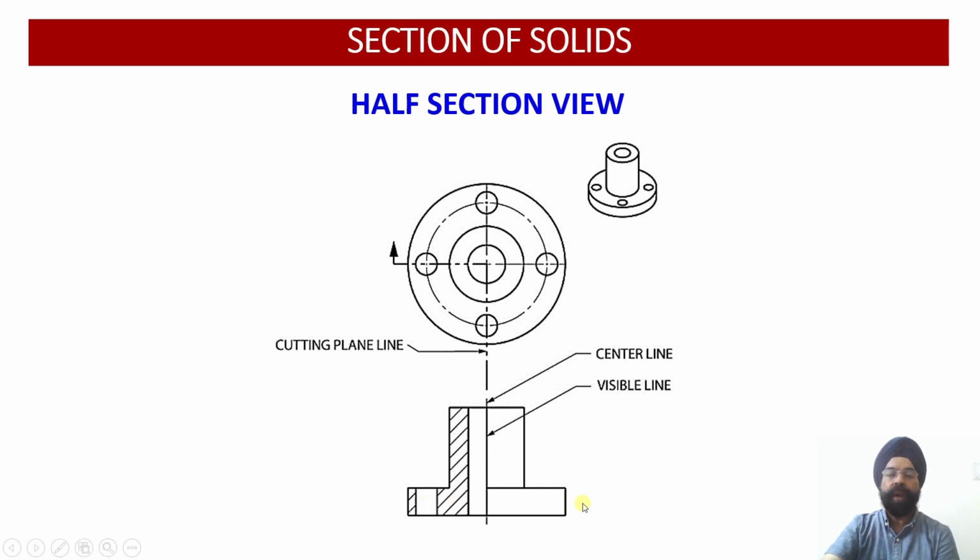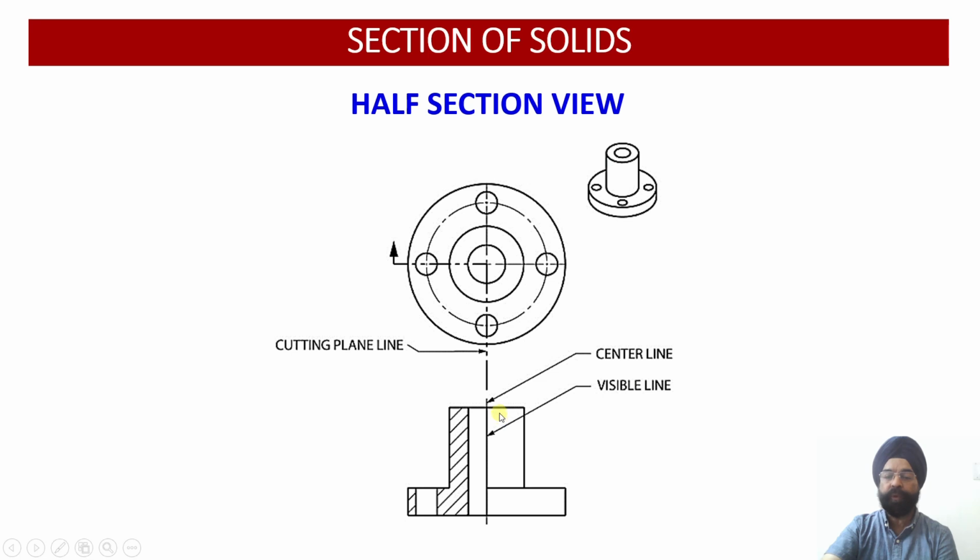But again, the orthographic representation only shows me the outermost portion of this particular component. So the construction of this component is shown with the help of object lines, and the object lines do not provide me the flexibility to look at the interior details.